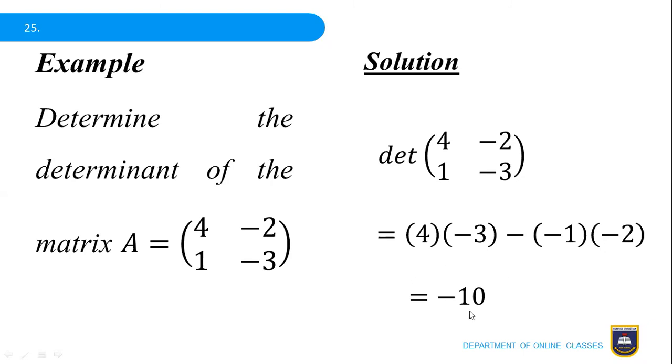Negative 12 plus 2 will give you negative 10. Your answer will be negative 10. The value here is supposed to be positive 1 because there is 1 here. So this times this will give you negative 12, minus this times this, which is also negative 2. So negative 12 plus 2 will now give you negative 10. That's the solution. So please check it.